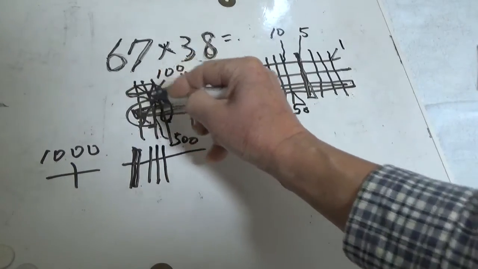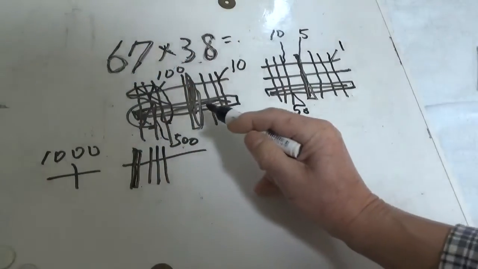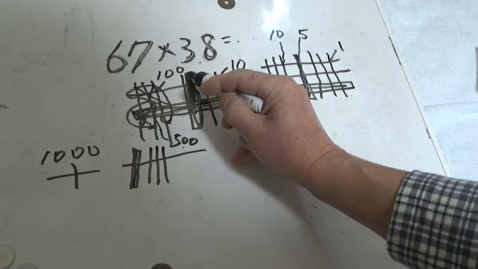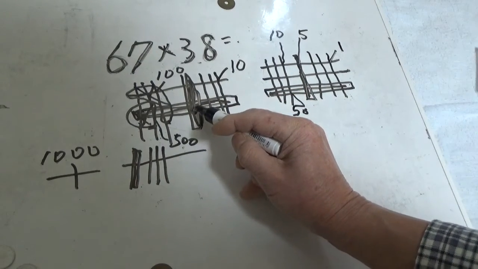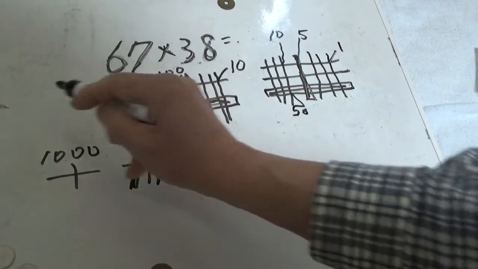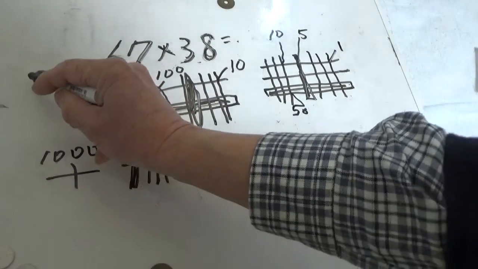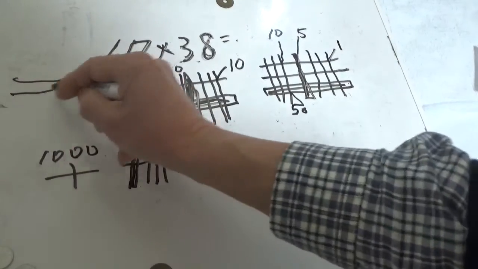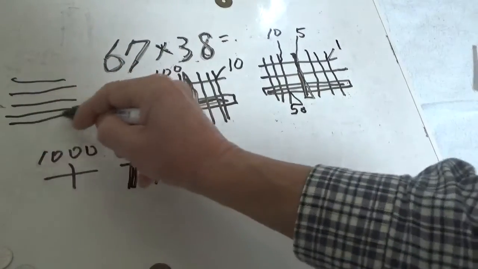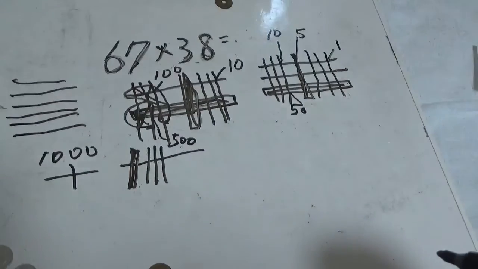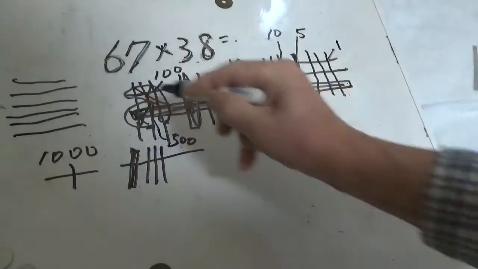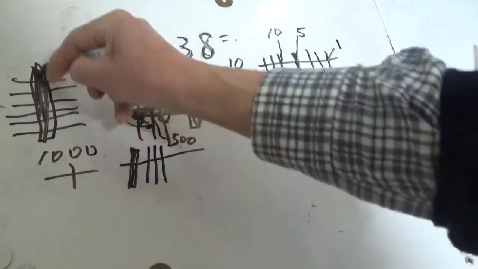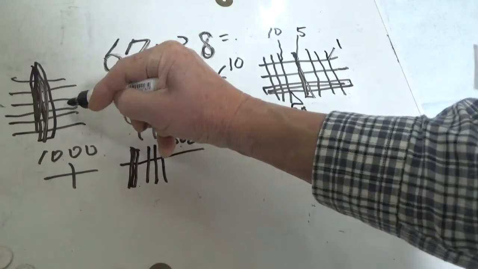This also vanishes. And this is six lines crossing with 5 lines. Sixty lines crossing with 5 lines. 1, 2, 3, 4, 5, 6.